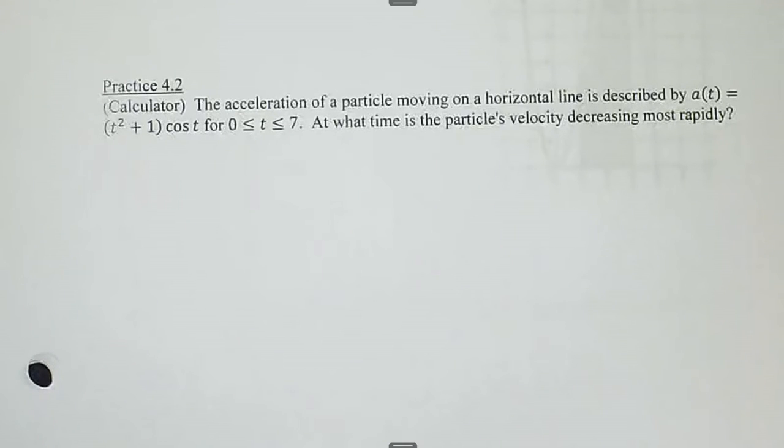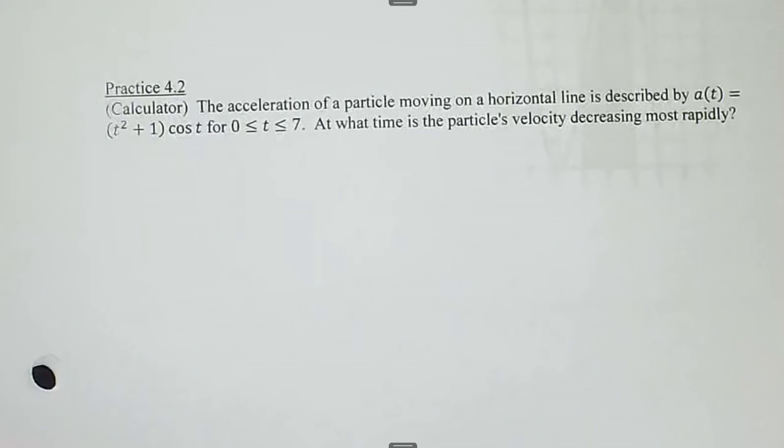The more negative the acceleration, the more rapidly the velocity is decreasing, or the greater the magnitude of it, right? So this is simply asking for a minimum acceleration, and it's also telling us that that acceleration will be negative. So if we get a minimum acceleration that's positive, then I done goofed on the question, which is actually totally possible. So let's find out.